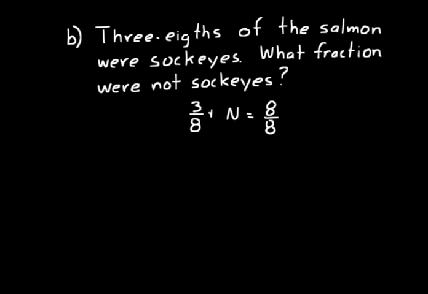That equals 1. We can just do this problem in our head. 3 over 8 plus 5 over 8 would equal 8 over 8, right? So the number that were not sockeye salmon, 5/8 were not sockeyes. Look for keywords like fraction and percent in these problems to help you solve them.